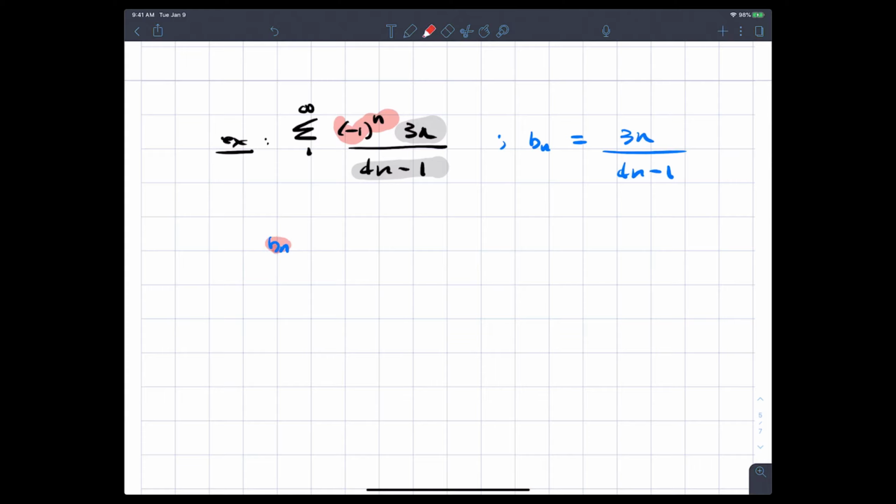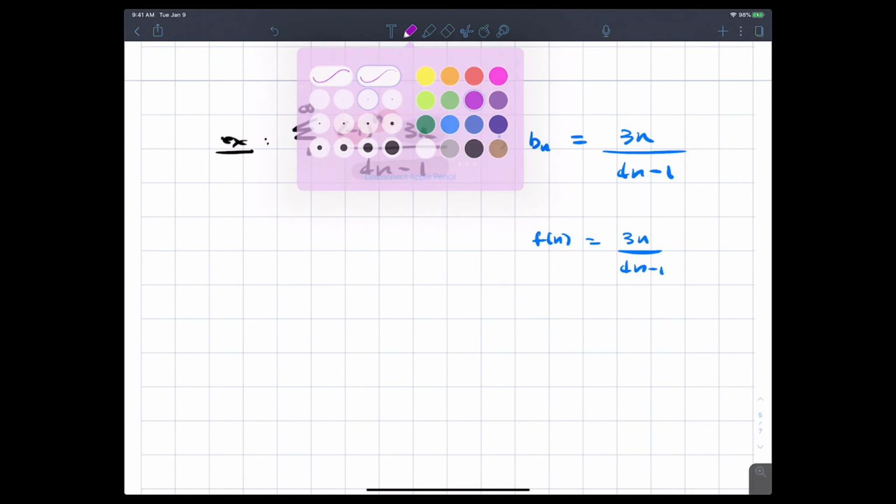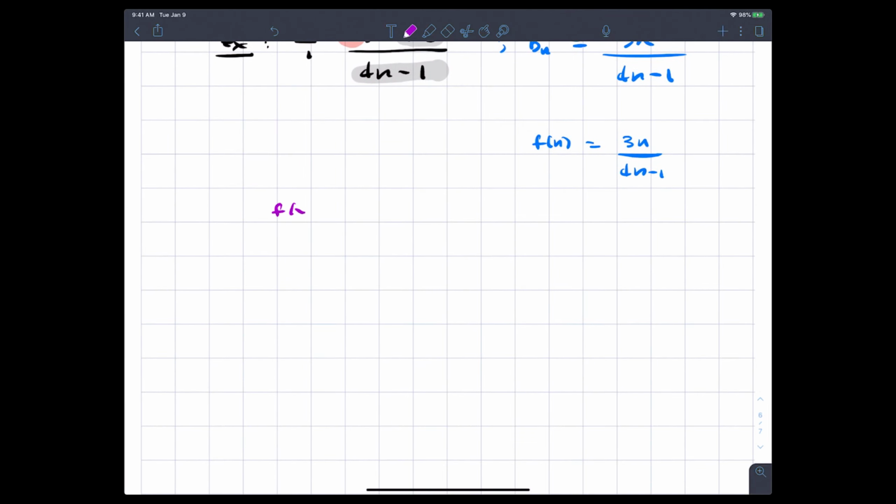Well, again, if you like, you could use calculus. We start off by saying, fn is 3n over 4n minus 1, which really means, writing this as a function, f of x is 3x over 4x minus 1. Well, that might not help you.